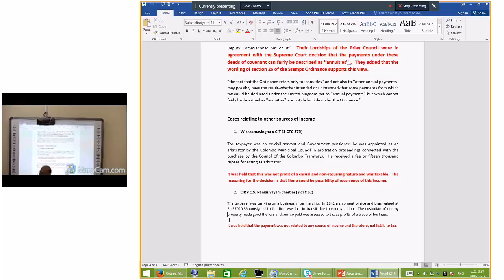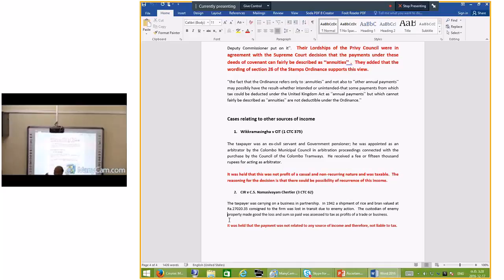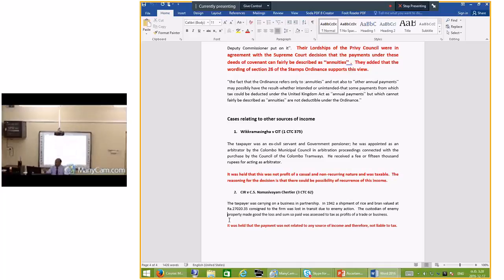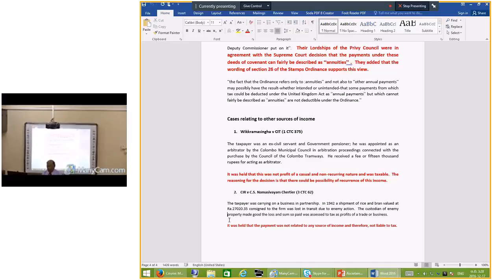Say part of the warehouse got fire or the goods were lost, they receive the insurance.